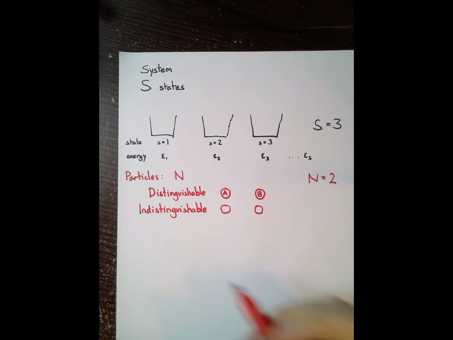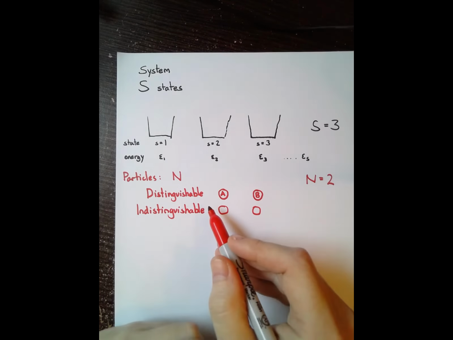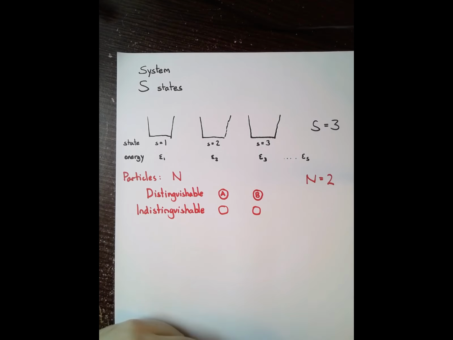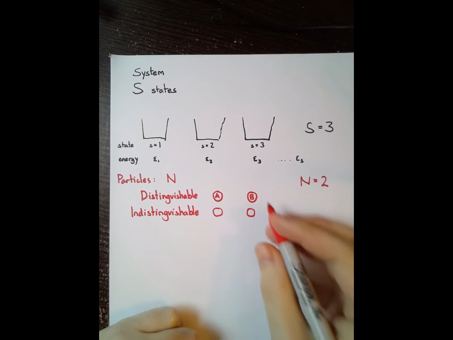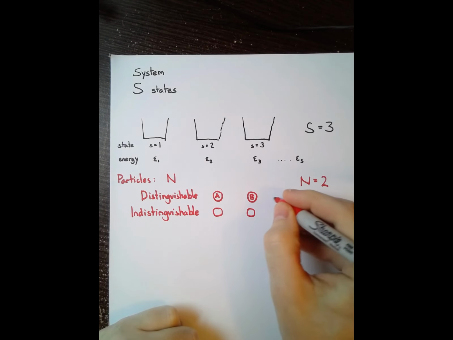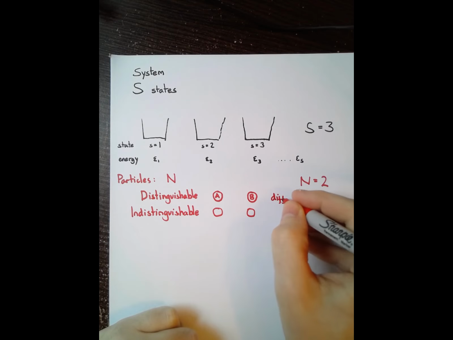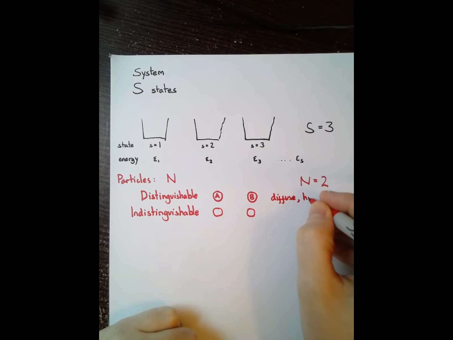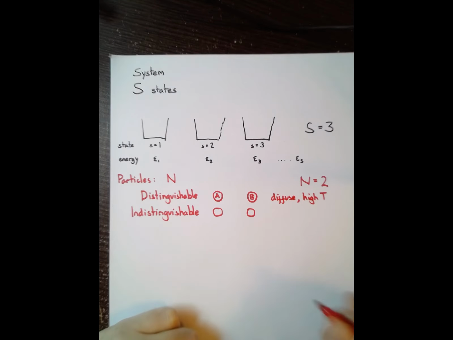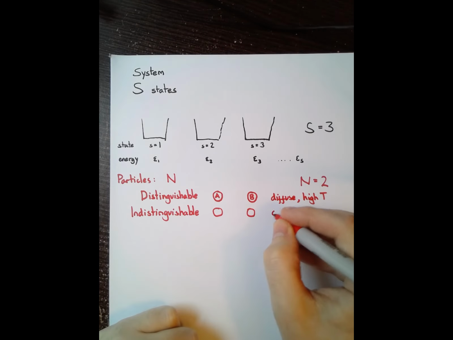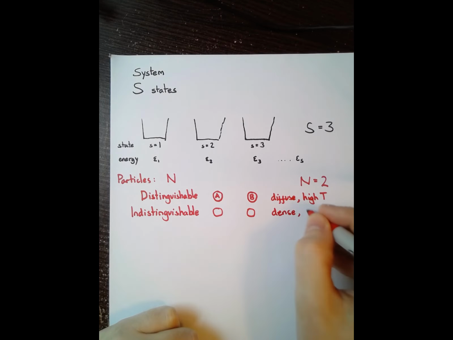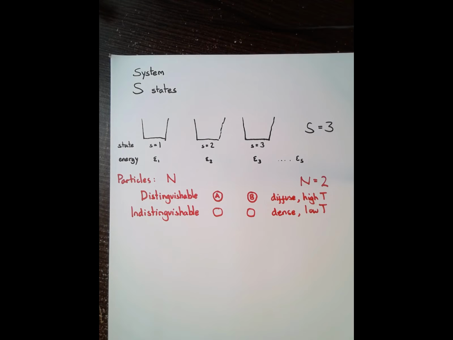So in what situations do we use these 2 types of particle properties? Well, the classical limit tends to be the diffuse or low density, high temperature limit, whereas the quantum limit tends to be the dense, low temperature limit.